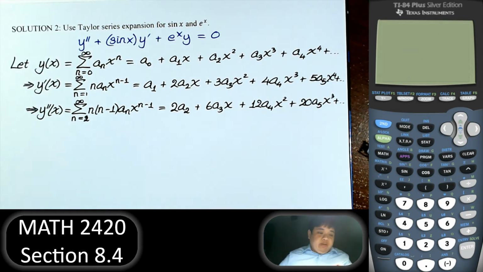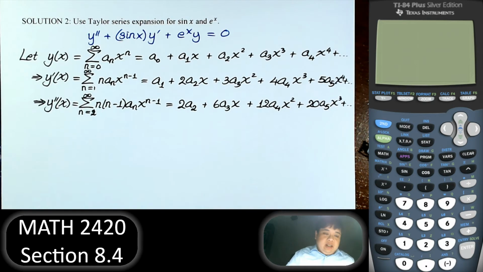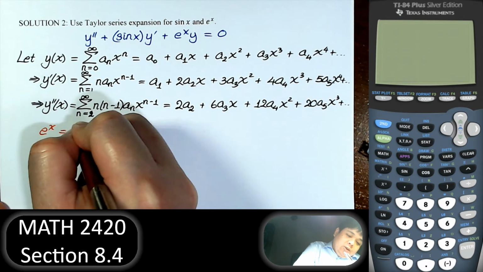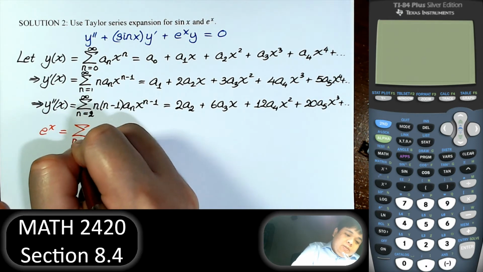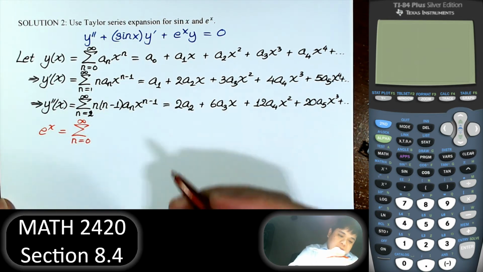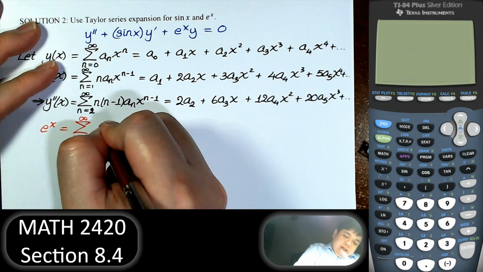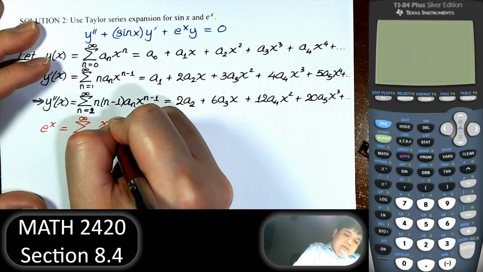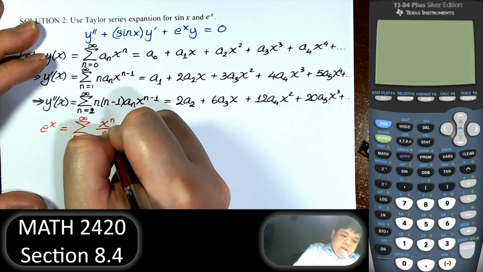Now the power series for sine x and e to the x. e to the x will be the sum from n equal to 0 to infinity of x to the n over n factorial.